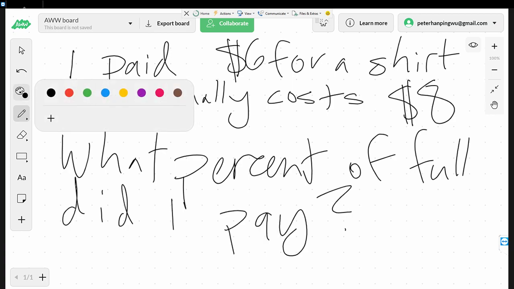So with all word problems, we want to start with figuring out what the question is about, what the question's asking us, and what's the important information. What the question is about is paying for a shirt. The important information is usually our numbers in the problem. So we paid $6, and that was on sale or something like that. That's a reduced price.